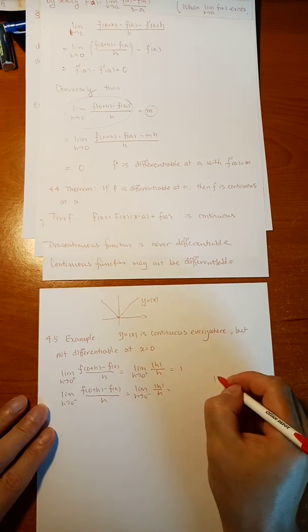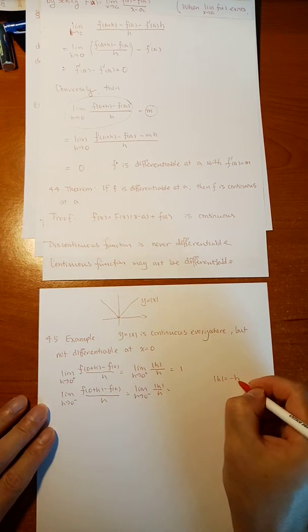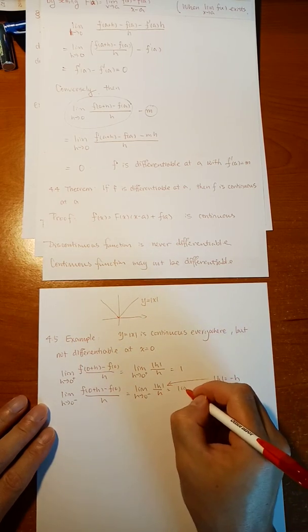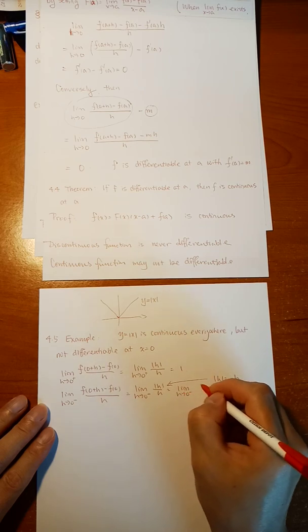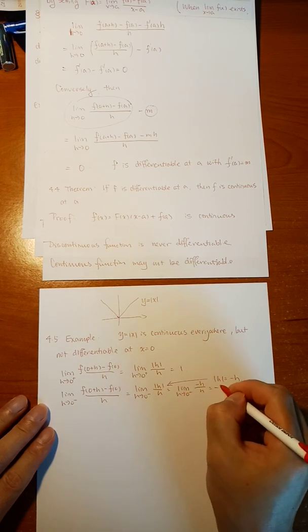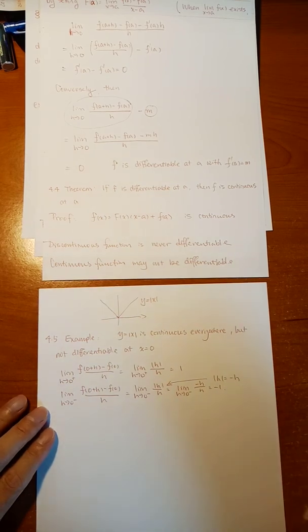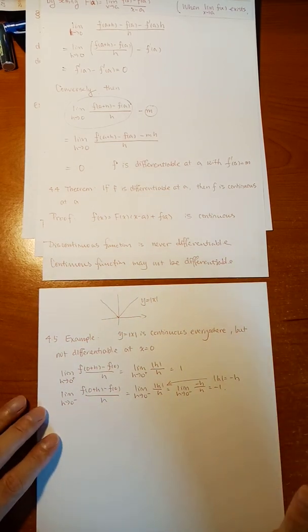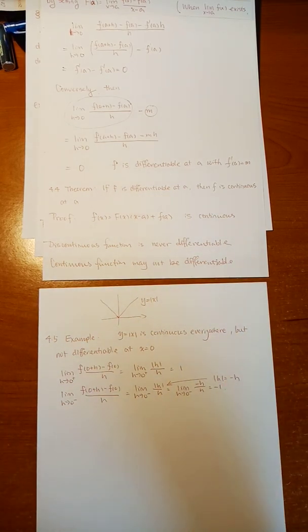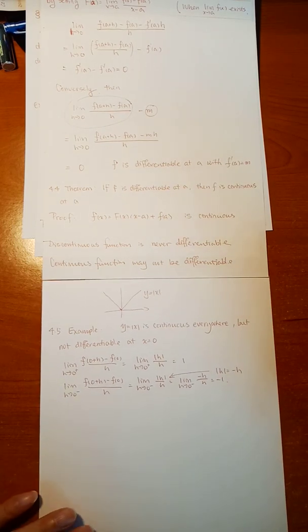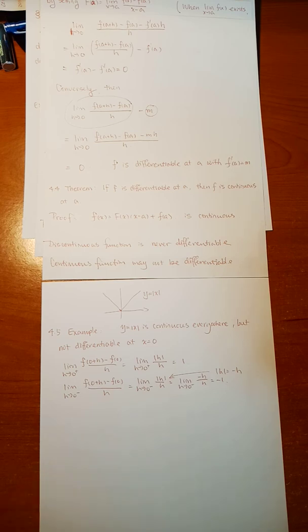In this case, the absolute value of h is negative h, so it's equal to negative 1. So the right limit is not equal to the left limit. The limit does not exist, so it's not differentiable. It's a standard one because we all know this, so I go through it very fast.